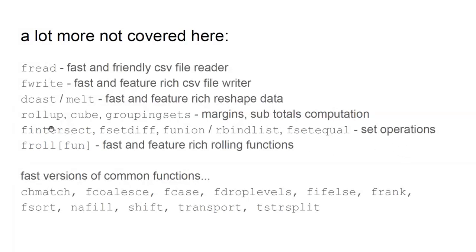Then set operators, which can be used to compare which rows are missing from one data set to another, or check if two data sets are equal, and also fast rolling functions, and many other smaller functions that are just helpers, like faster versions of switch, if else, rank, sort.